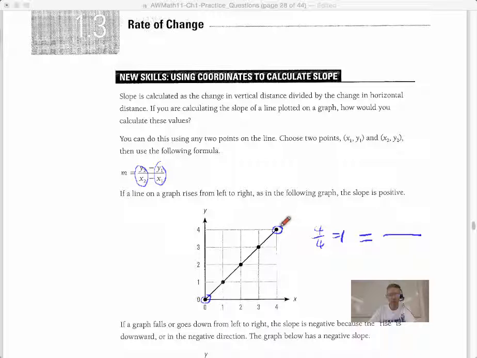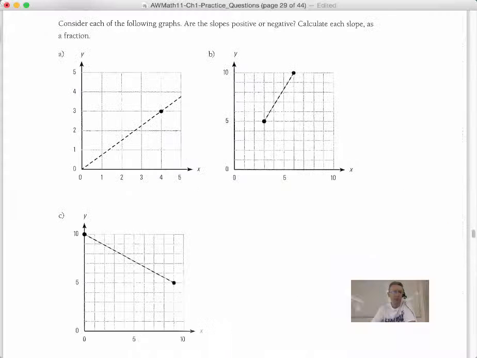Here is the second point, so this gives us y2, and the y value is 4, the height is 4, minus the height of the first coordinate, and the height there is 0. Now for the x coordinates, the x coordinate of this is 4, the x coordinate of this is 0, and we plug it in, and we get 4 over 4, which is 1. It's another way to look at it.